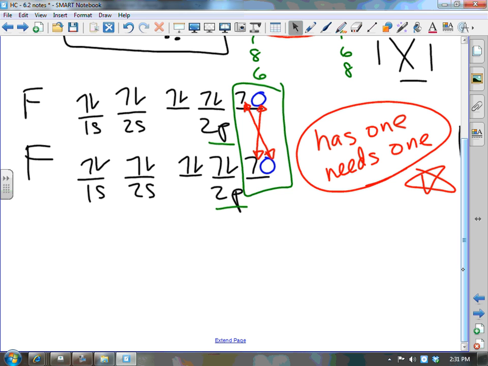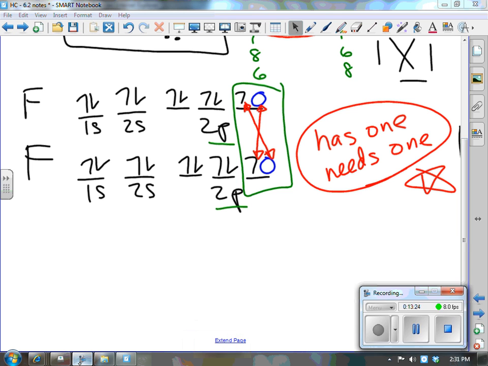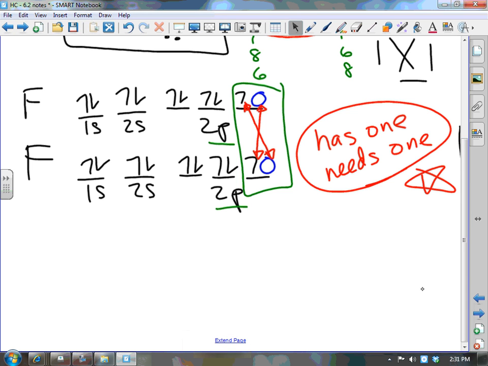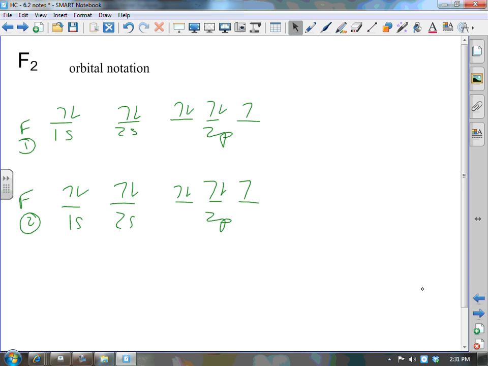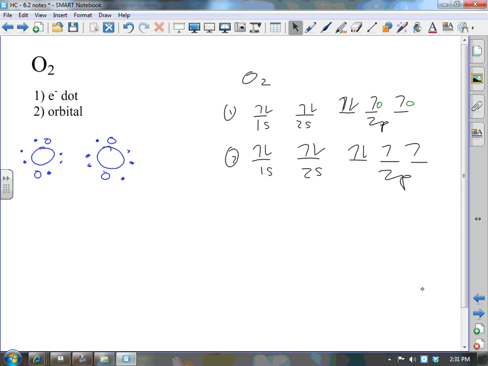All right, so what I want to do is show you just a couple more here, and then take a break and move on. So we already did the orbital notation, so we're good there. All right, so let's look at oxygen. I want you to go through and write these down.